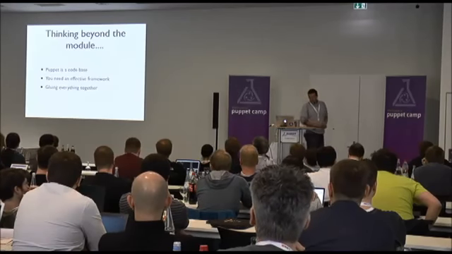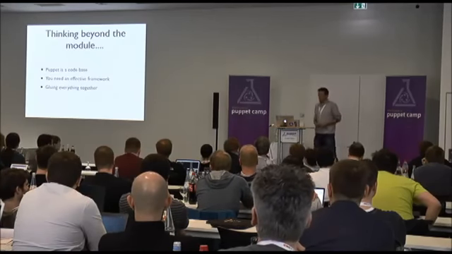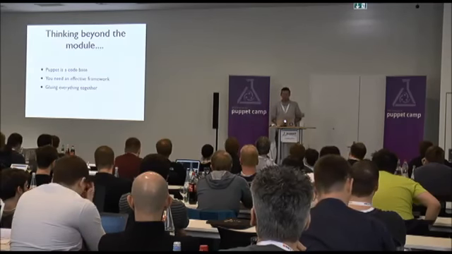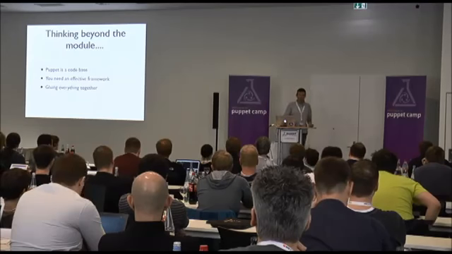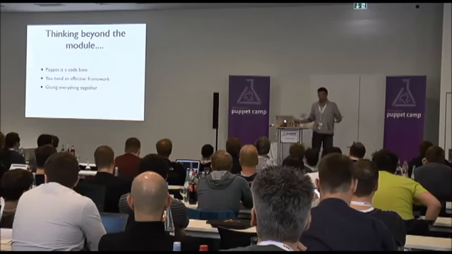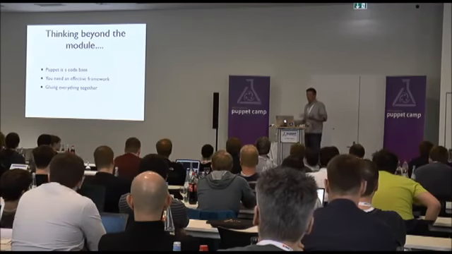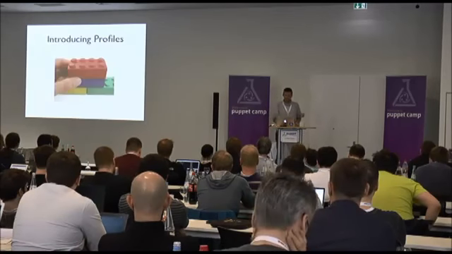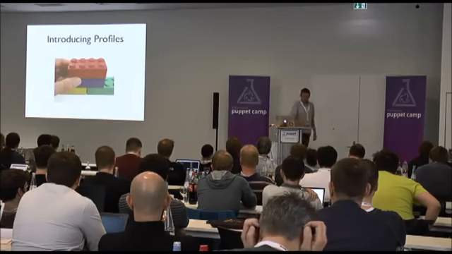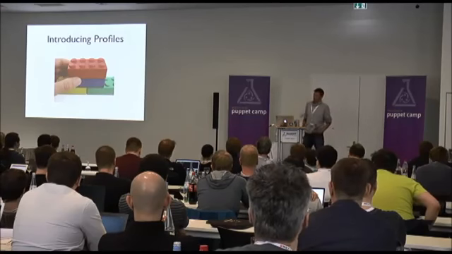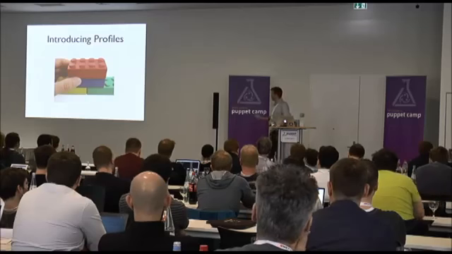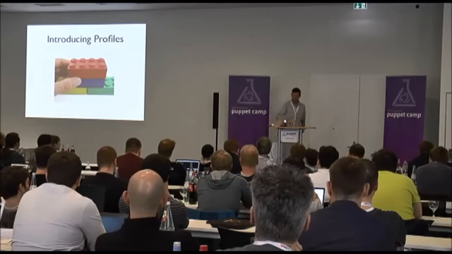So then we start thinking, okay, so Puppet's a code base. It's code, you're writing code. And in any other code base, you have some kind of a framework to develop around, a development framework, and a way to glue everything together in a sensible way. And Puppet's no different. So with Puppet, the first layer that I use in this pattern is profiles. So this is taking all our component modules now and doing something with them.